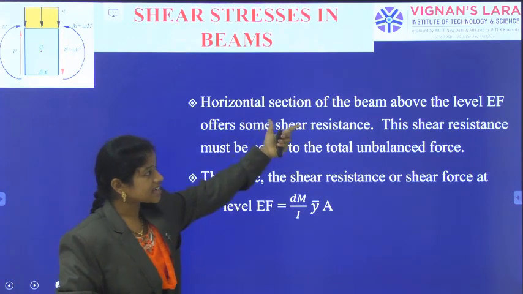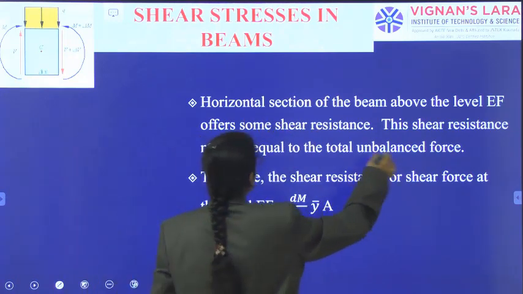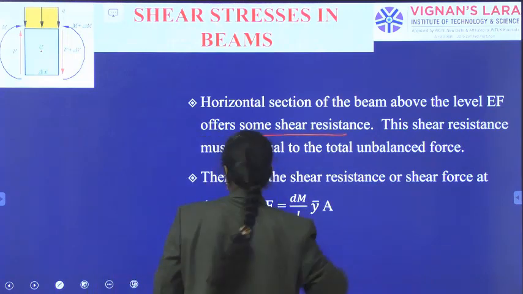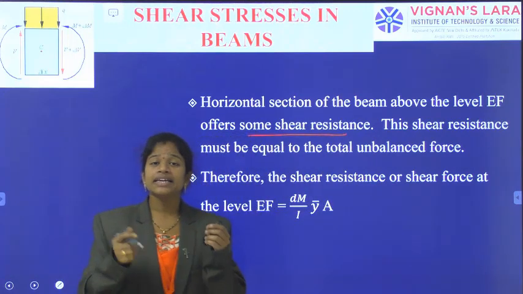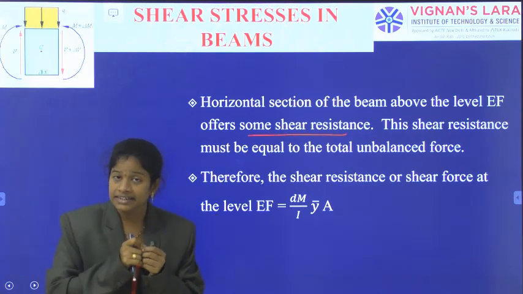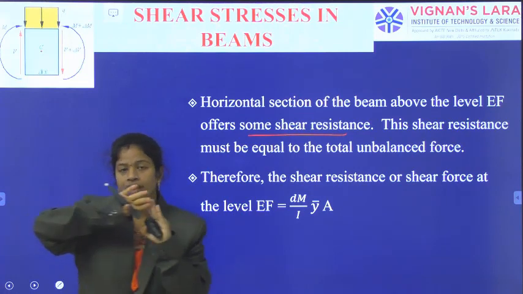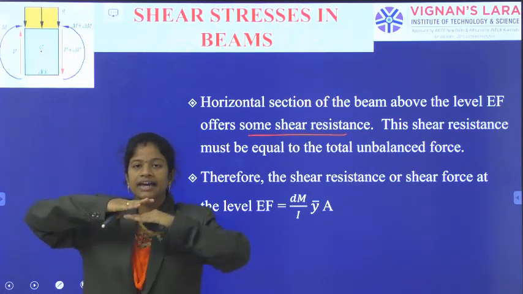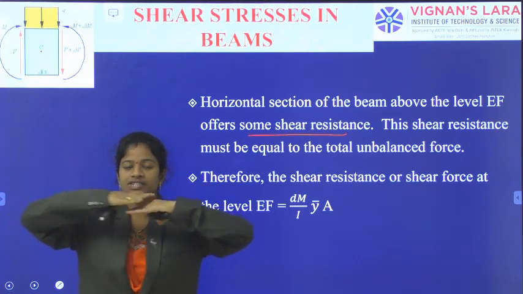The horizontal section of the beam above the level EF offers some shearing resistance, right? As every particle is interlinked or connected, if any force is causing the body to move away, as they are attached, it will not allow the body to get separated.